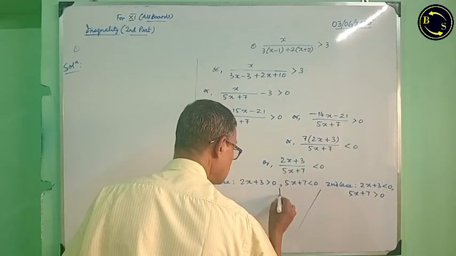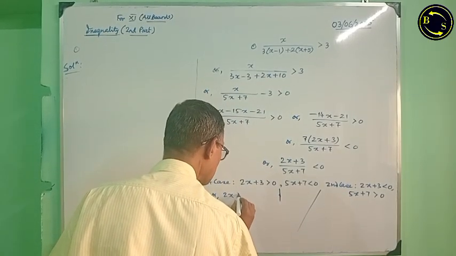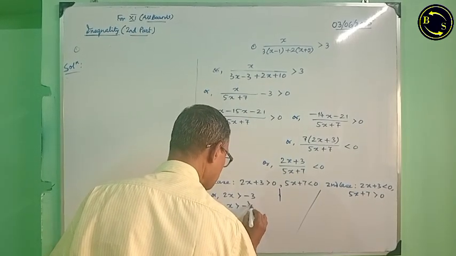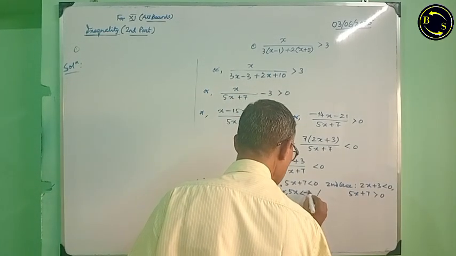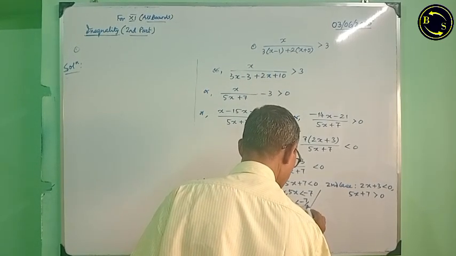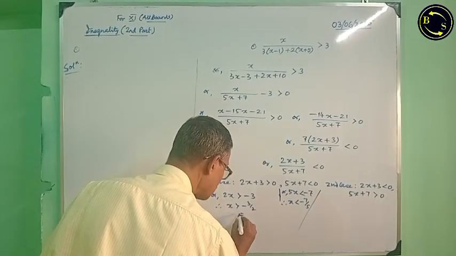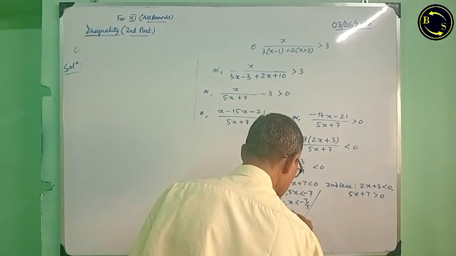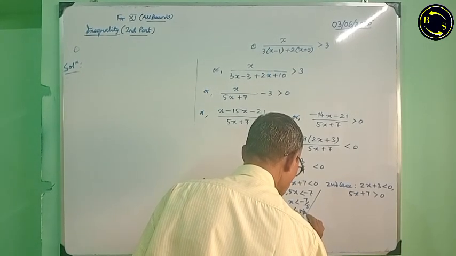From here we are getting 2x greater than minus 3, therefore x greater than minus 3 by 2. From here 5x less than minus 7, therefore x less than minus 7 by 5. This is minus 1.5 and this is equal to minus 1.4.